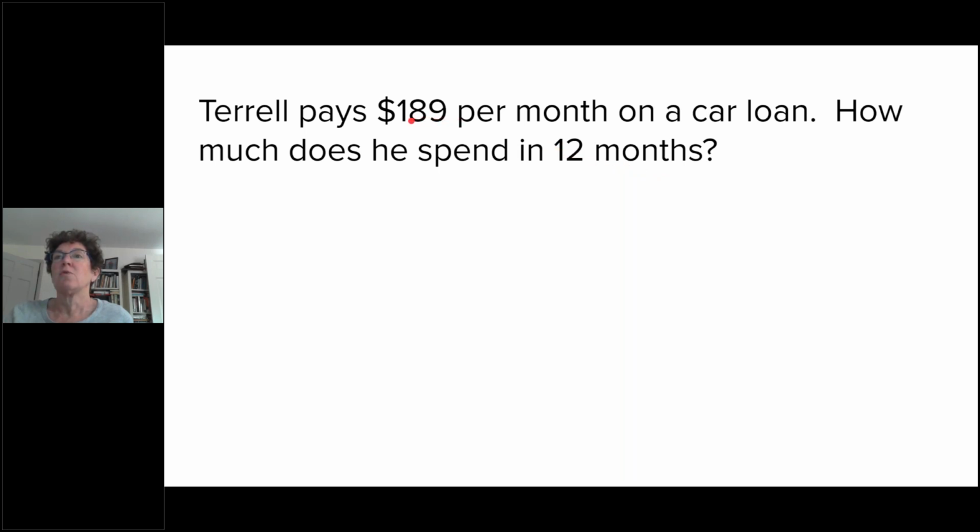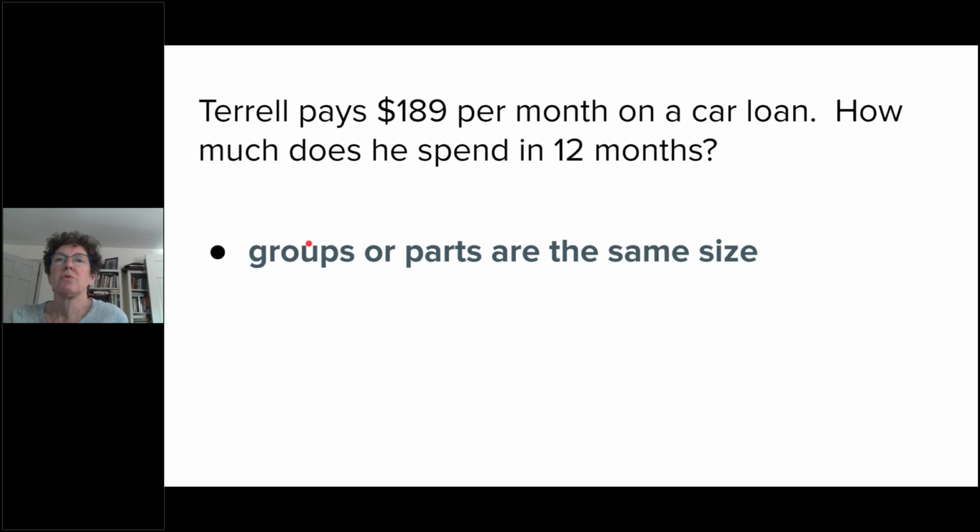So I know the number of groups, 12 months. I know the size of each group, $189 in each group. And the question asks, how much does he spend in 12 months? That sounds like a total. So the groups and the parts are the same size.